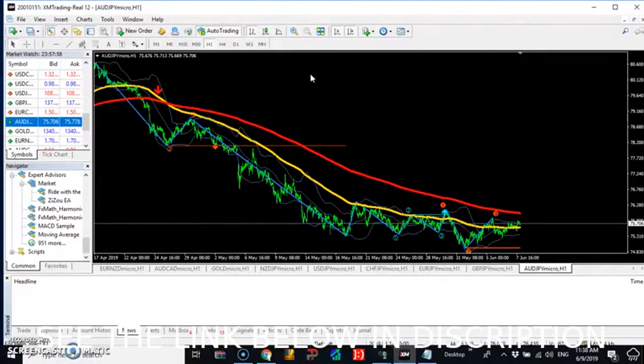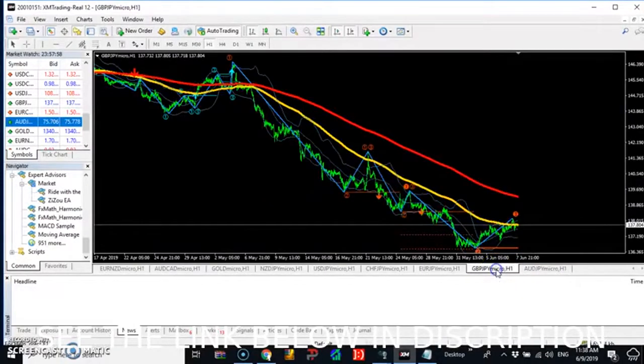When we get our arrow, we pend our order below the arrow and leave it there until the day we see the next arrow appearing at the bottom of the chart. We do the same thing. Let's take a look at another example. Look, this one has trended down to the bottom of the chart. All we do is go and wait for the arrow.